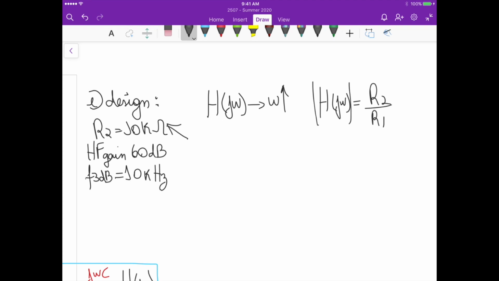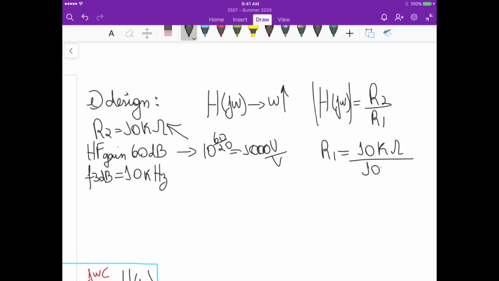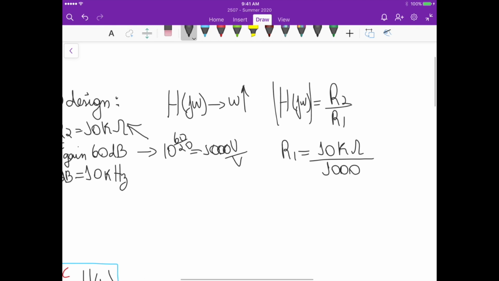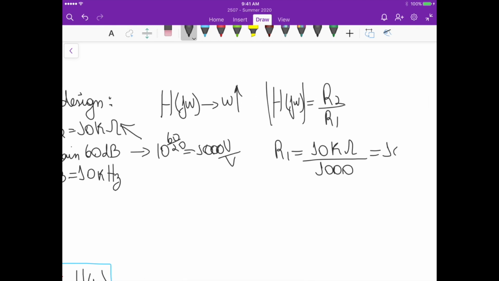If you want 60 dB, this means that the linear gain is 10 to the 60 divided by 20, which is 1000 volt per volt. This means that our R1 is equal to R2, 10K, divided by 1000, which means that our R1 is equal to 10.